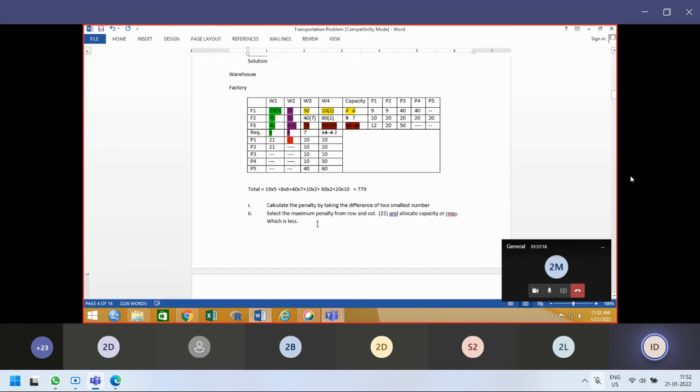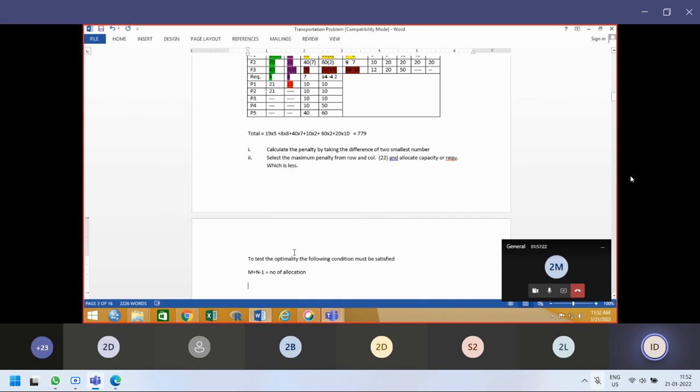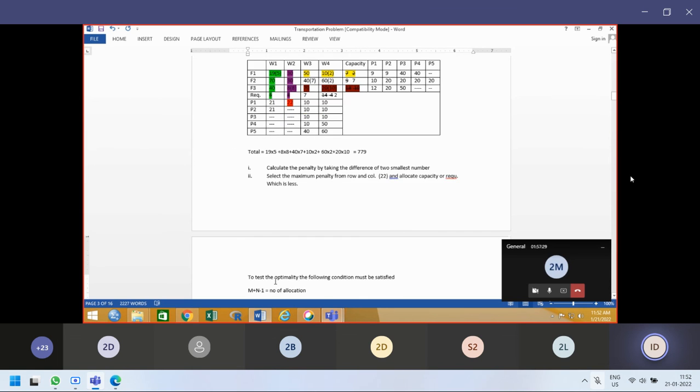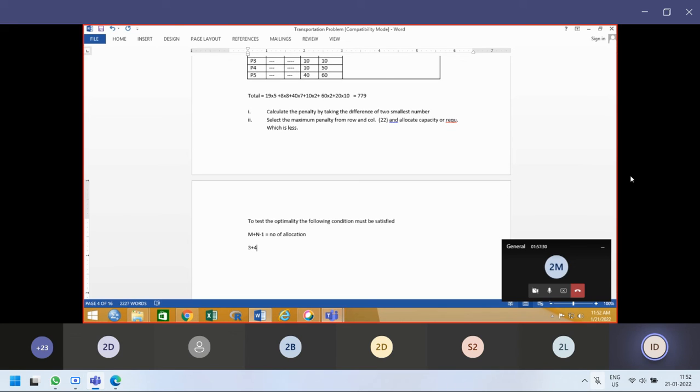Now, if you take this example, how many rows are there? 1, 2, 3. 3 rows. So 3 plus how many columns? 4 columns, minus 1 is equal to how many allocations?